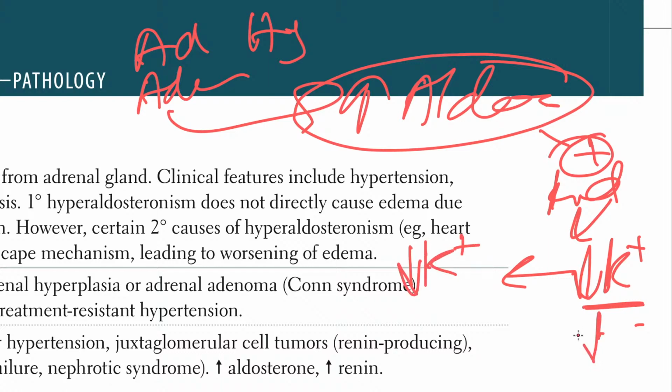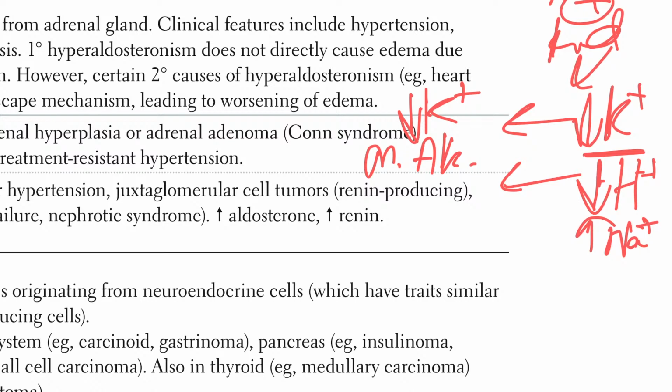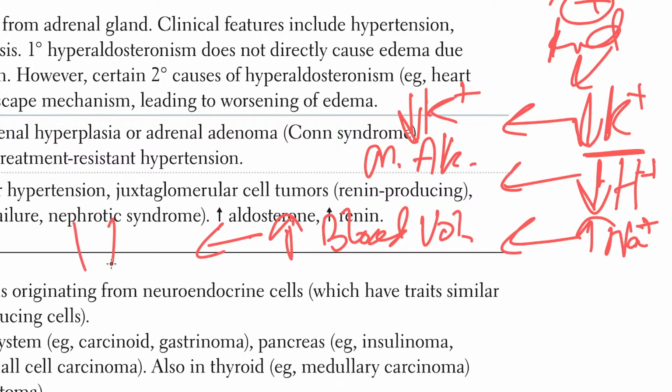Okay, you're also going to dump out that hydrogen ion, which is going to cause metabolic alkalosis, right? And then you are reabsorbing sodium. When you reabsorb sodium, you are essentially causing increase in blood volume. That increased blood volume will cause hypertension, right?